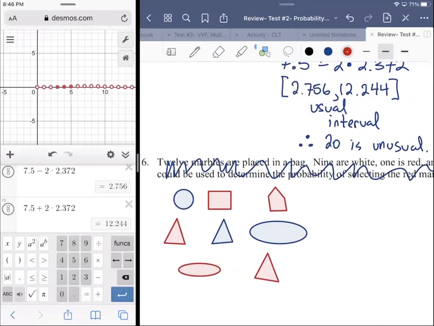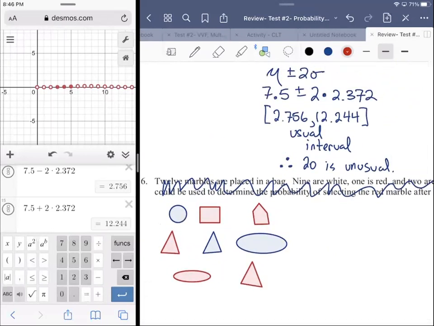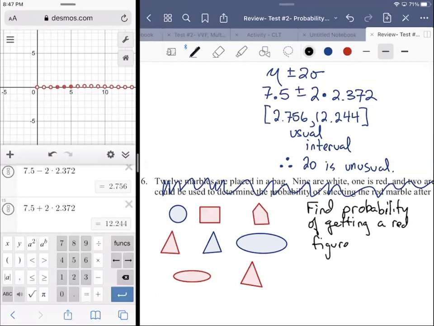All right. So the addition rule question would be, for example, find the probability of getting a red figure or a triangle.